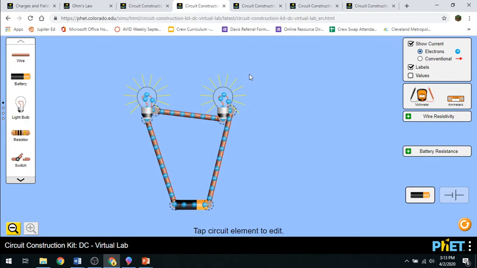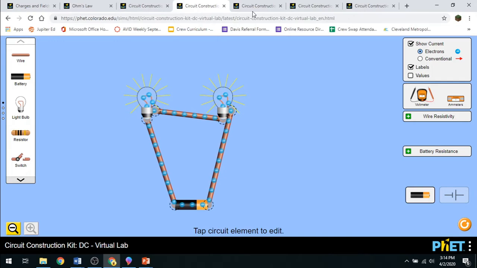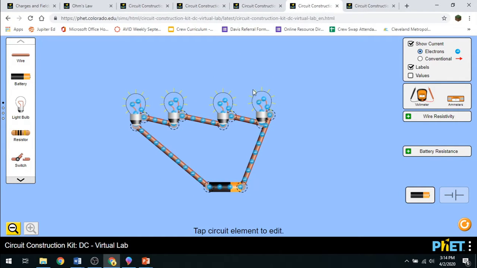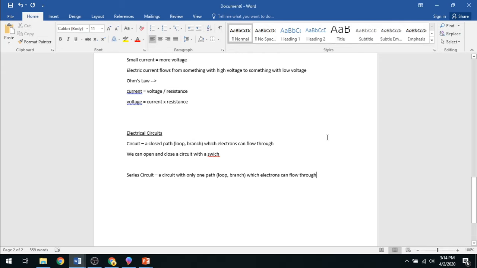When I add another light bulb in a series circuit, then the brightness of the light bulb goes down. And you can tell that even more when I add more light bulbs. Look at how little these lines are as compared to the first one by itself. So that's an important limitation of a series circuit.